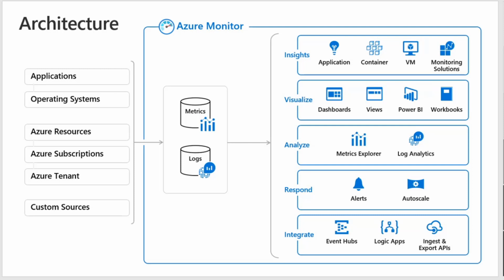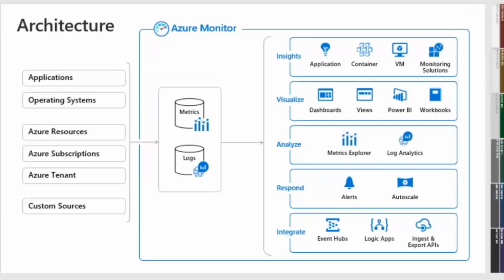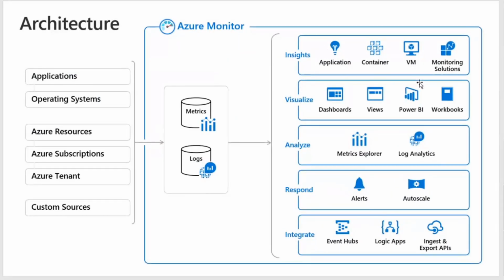Because we have an agent for the VMs and the HTTP API for ingesting custom logs, this enables us to monitor not only your resources in Azure, but also your on-prem resources and potentially resources in another cloud.